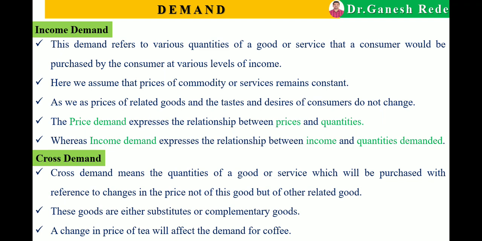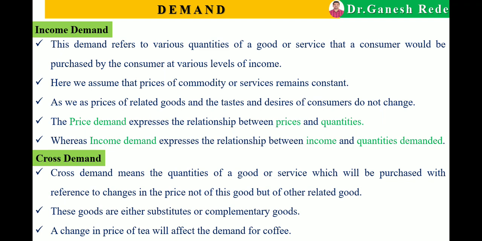If the price of tea increases tremendously, from 100 rupees one packet to 1000 rupees one packet, all or most customers will prefer coffee. That is the cross demand. So always keep in mind, cross demand means the demand of that particular good does not depend on the price of that good, but on the price of another related good.